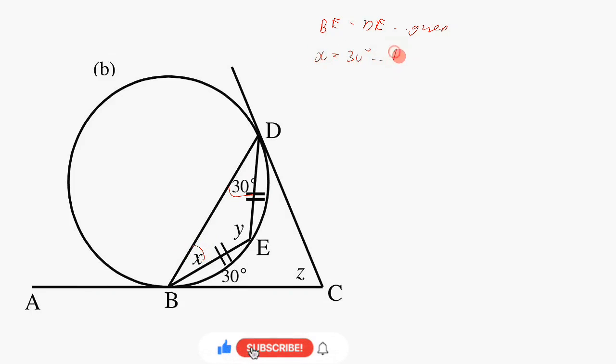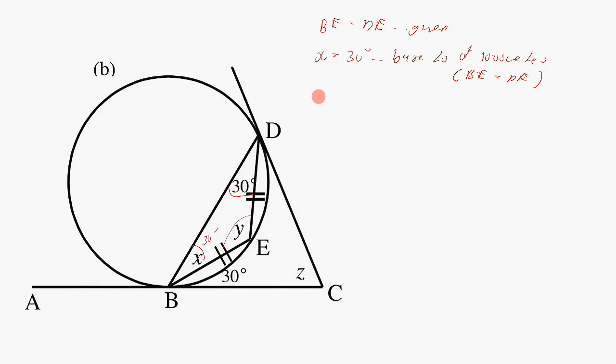And the reason we say is base angles of isosceles. Or you can indicate that BE is equal to DE. Right, then if we have 30 degrees here, how are we going to find Y? We can use the sum of interior angles of a triangle.